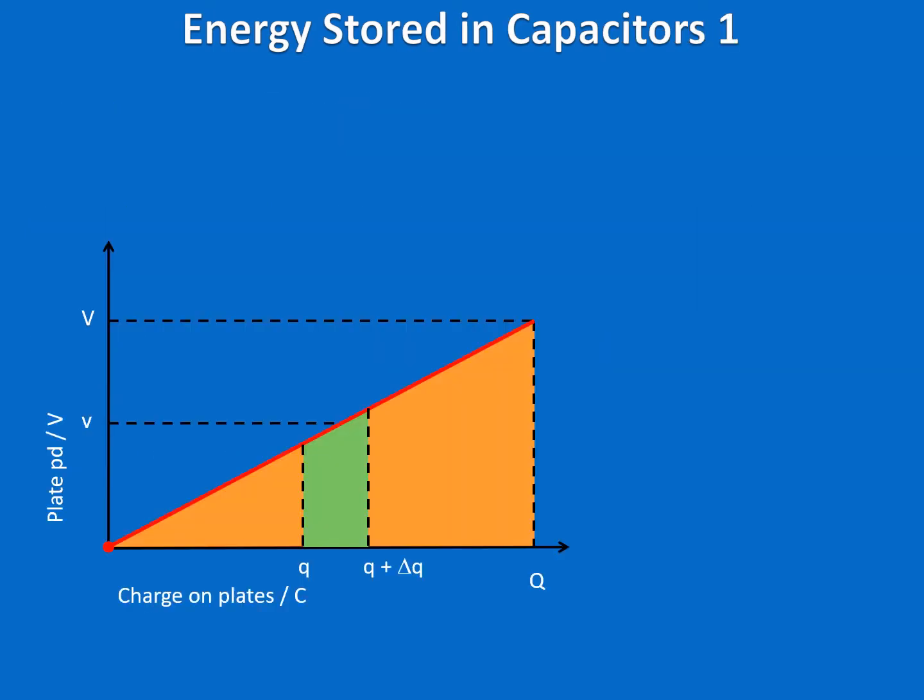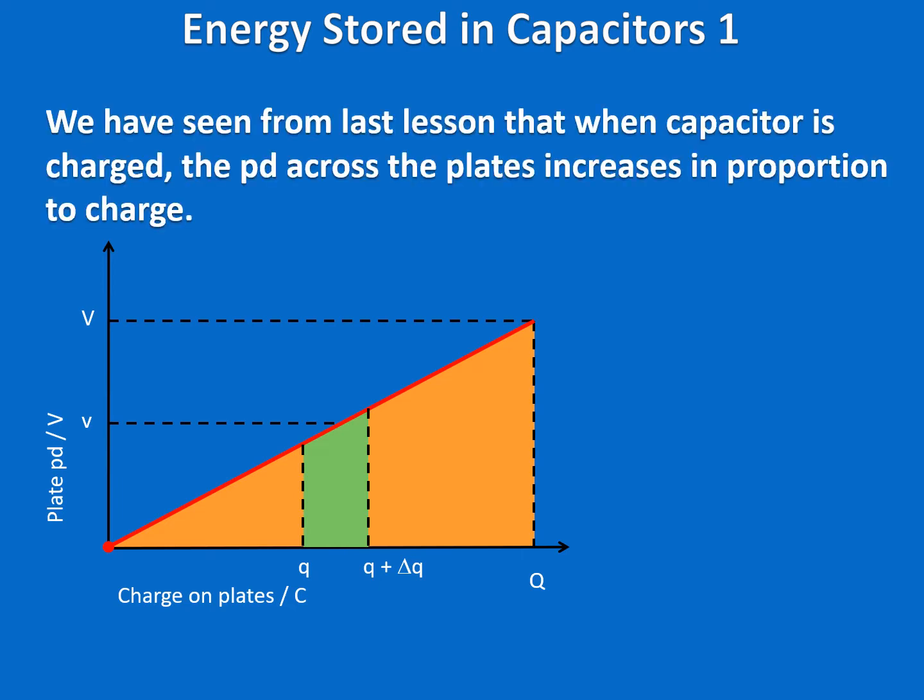So in the last lesson, we saw that when you charge a capacitor, the potential difference across the plates increases in proportion to the charge. And we could plot a graph of voltage versus charge on the plates.